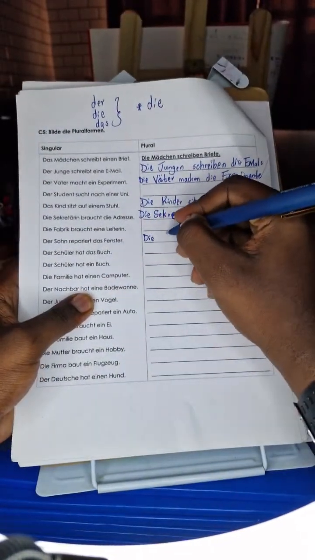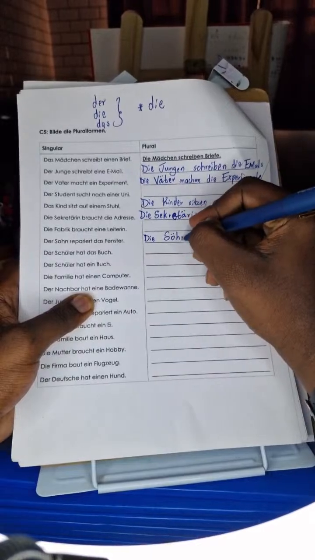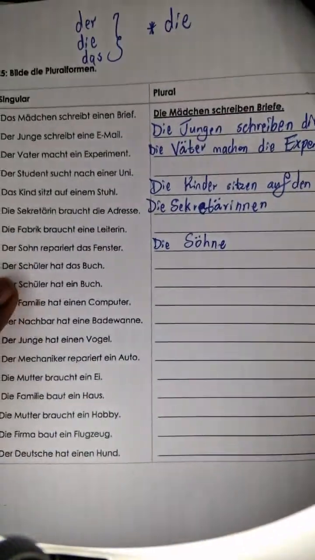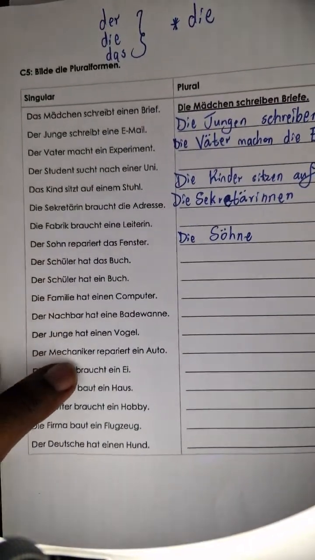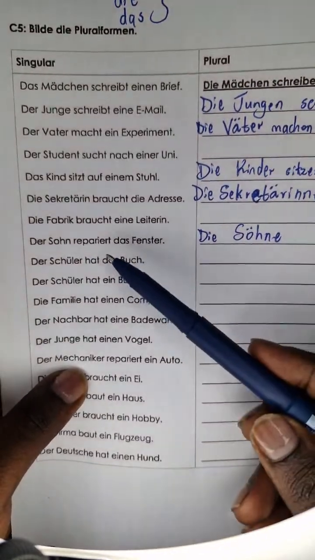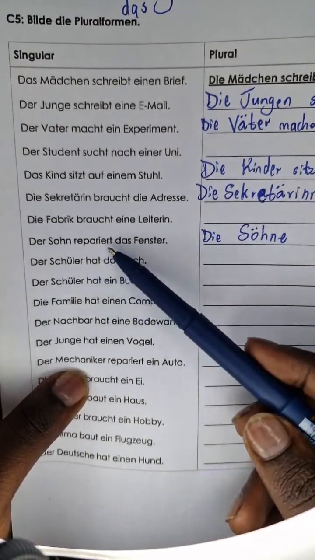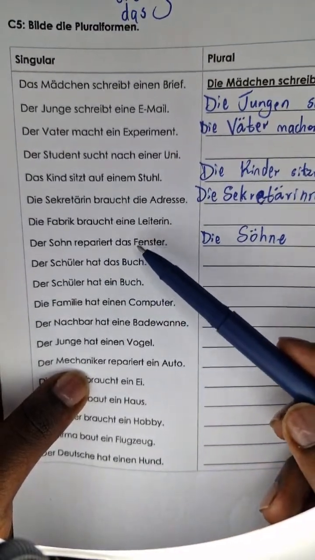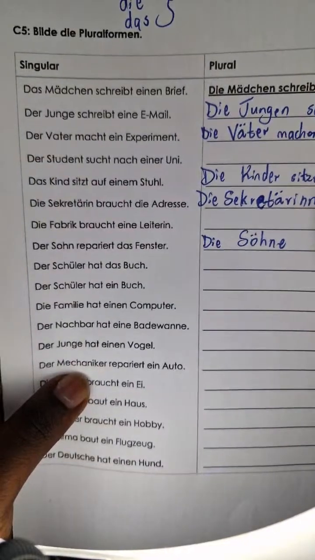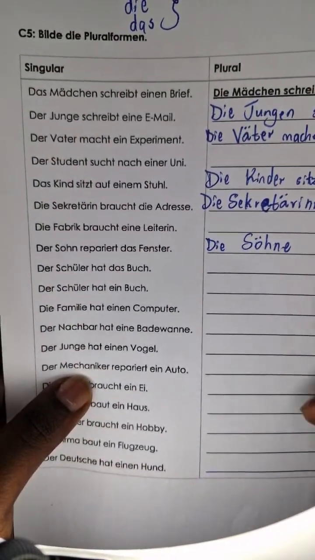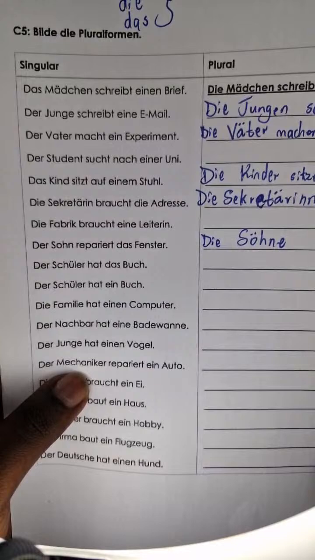Die Söhne reparieren. Now remove the t and add en. Das Fenster now becomes die Fenster, right? Die Söhne reparieren die Fenster.